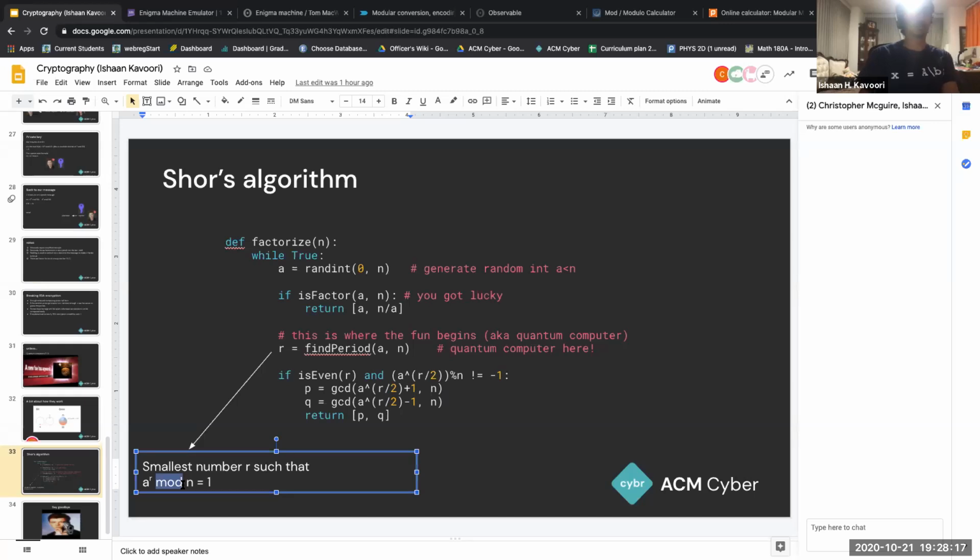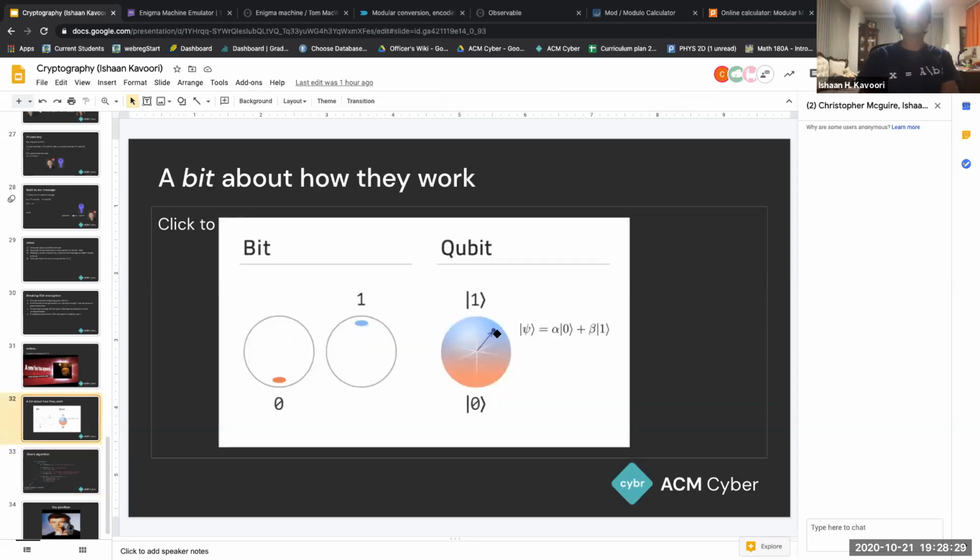It's pretty much going to have to try all the different combinations and whatnot. But for a quantum computer, remember how I told you that each qubit is in a superposition and its wave function collapses when you observe it.